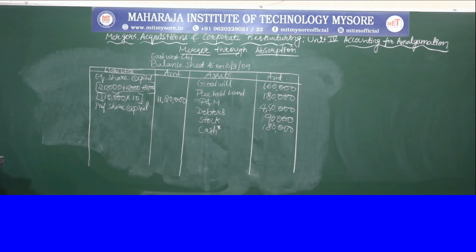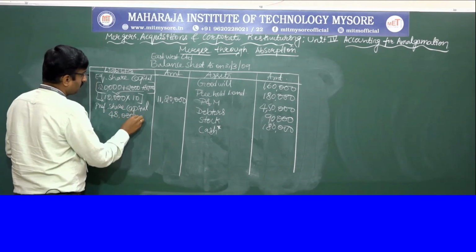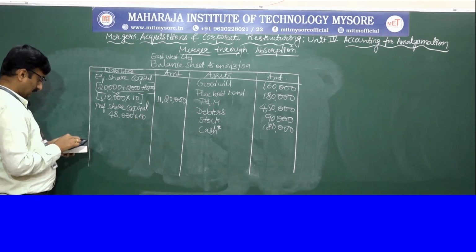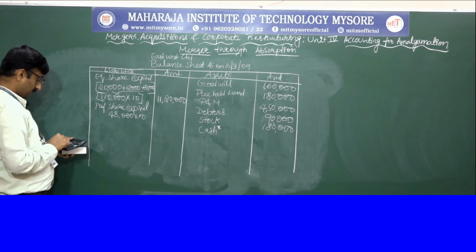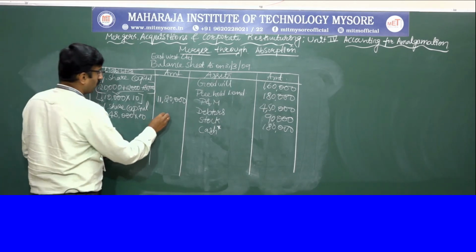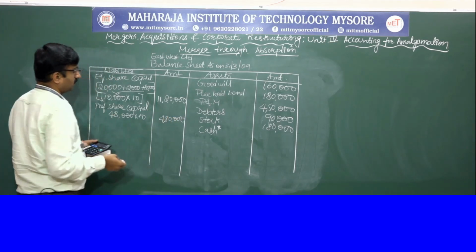We got 48,000 shares, 48,000 shares into 10, which is 4,80,000.